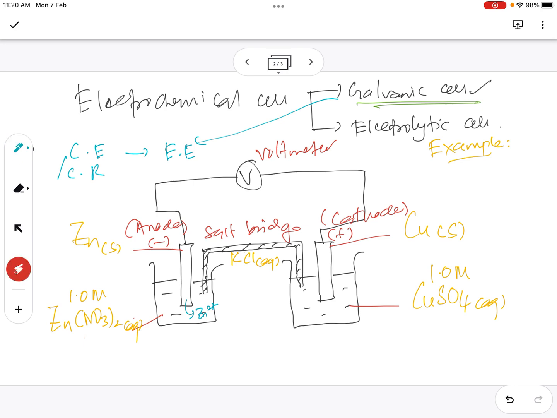Saya ulang balik. Zinc ini larut, dia hasilkan Zn2+, which enters the solution of zinc nitrate aqueous. Okay, that's the first thing.